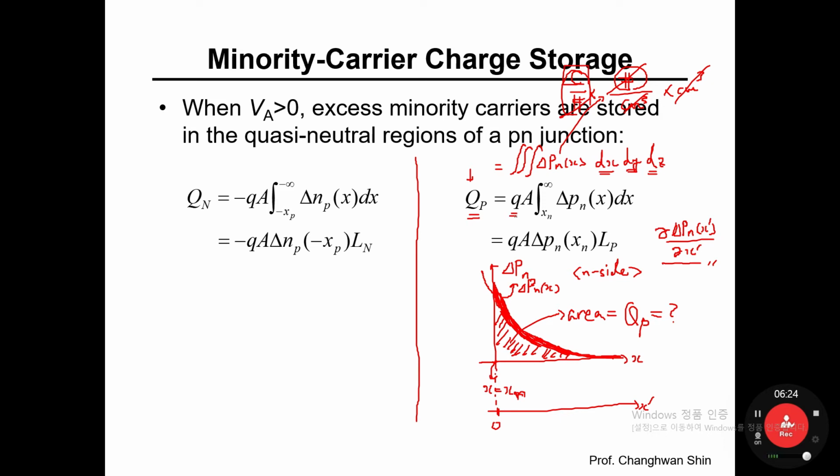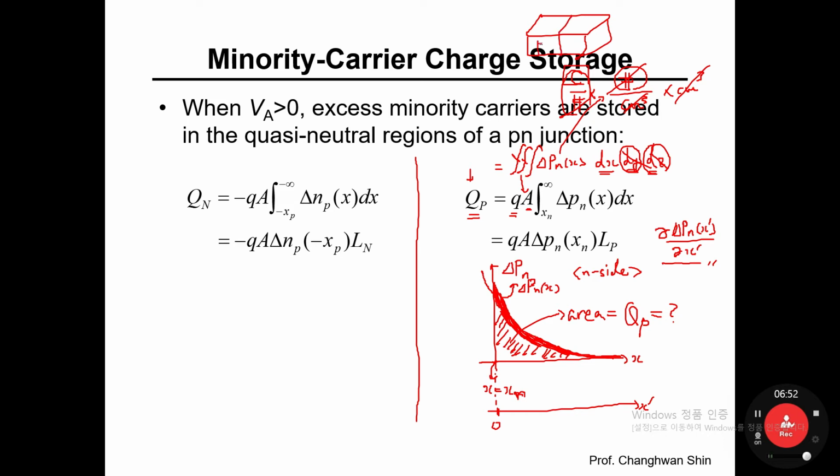So here, unit charge q times, what is this A? Yes, along the y and z directions, all the excess hole concentrations are uniform. So if I cancel out the two integrations over dy dz, it turns out to be the cross-sectional area A of the PN junction diode. Go back to the PN junction diode again.